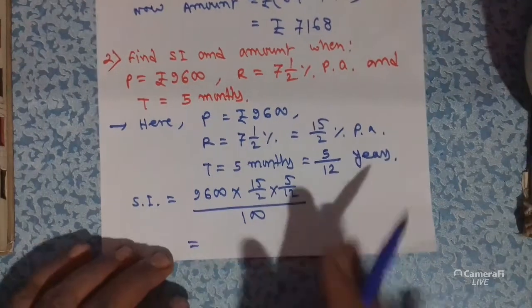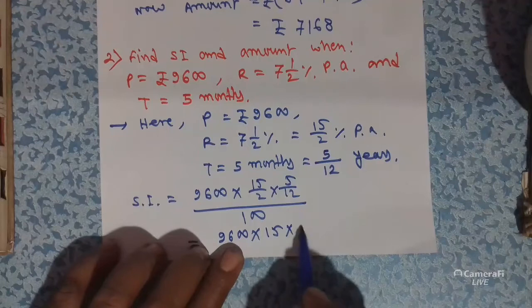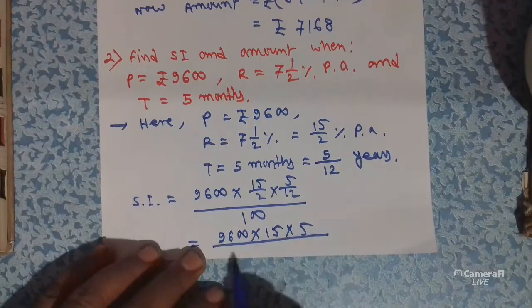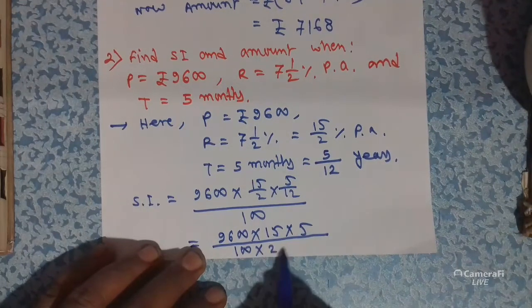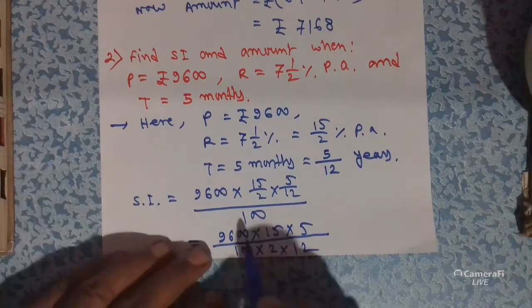So we can write it like this: 9600 multiply 15 multiply 5 by 100 into 2 into 12. Now calculate it.